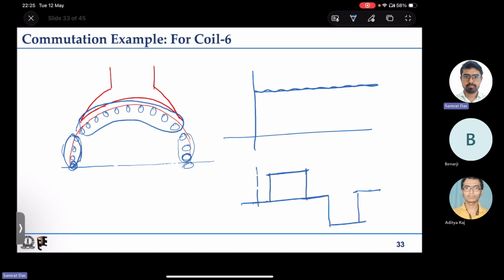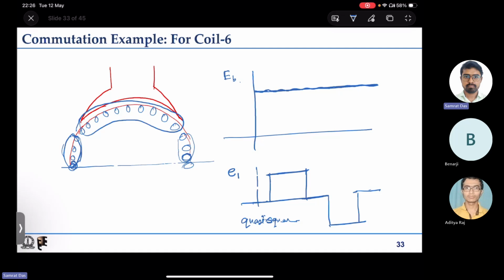So although the induced EMFs of individual coils, E1, E2, E3, are quasi-square in nature, the net induced EMF EB across the two brush terminals is reasonably DC with negligible ripple.